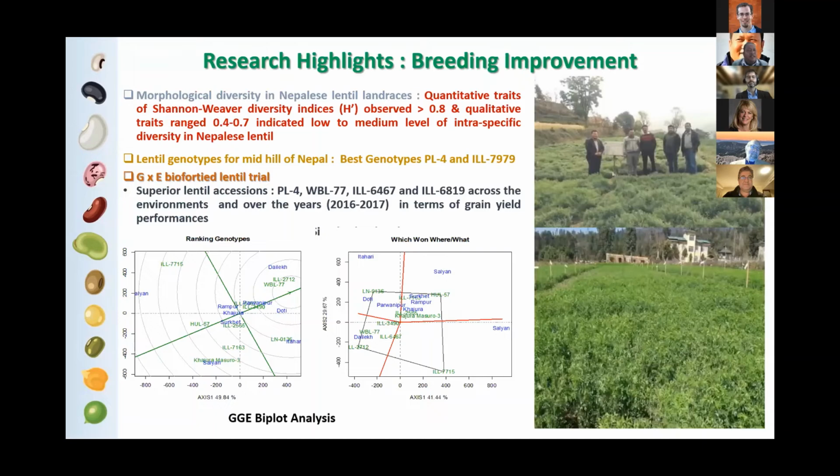Next. Besides, morphological diversity in Nepal's lentil indicated a low to medium level of intraspecific diversity, and some lines, like PL4 and IL7, are good for high hills and mid hills environments, and some stable lines were there.